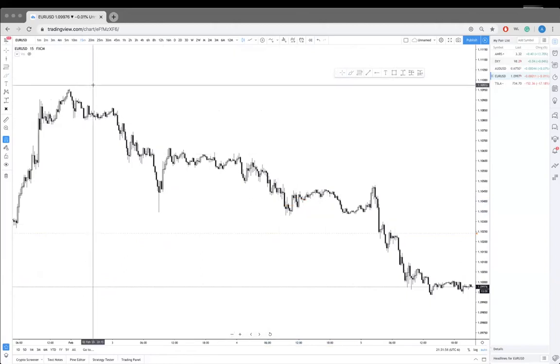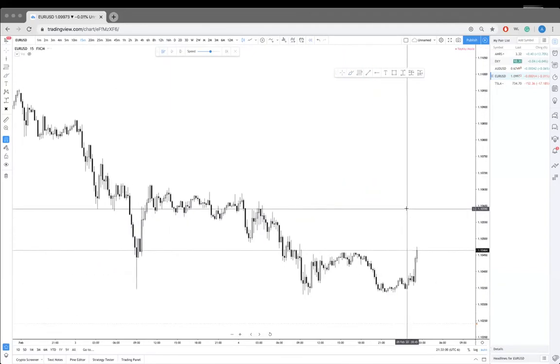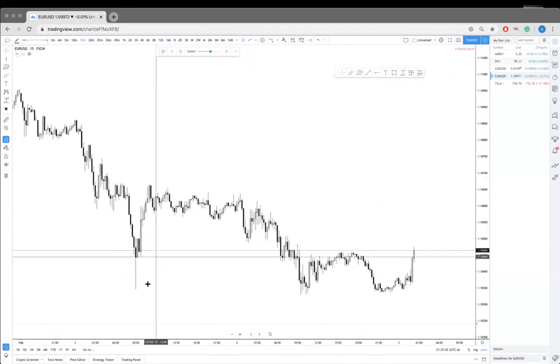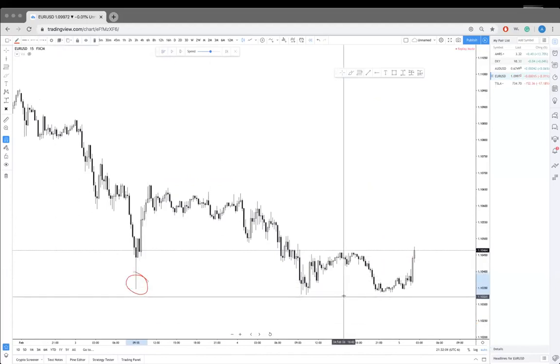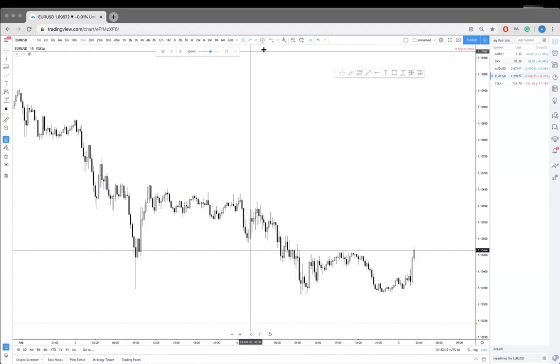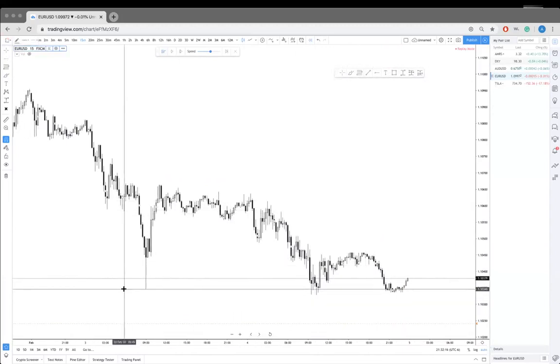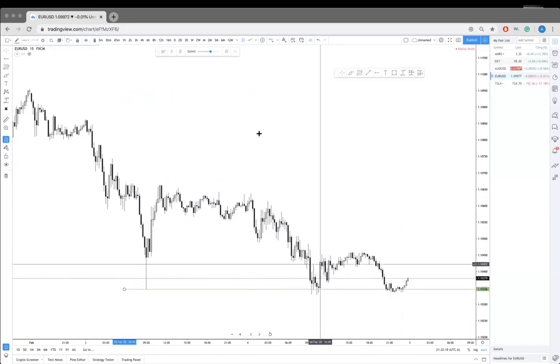All right, so now let me replay. Now I can replay, right? So this here is Monday's low. This is Monday's low, meaning there's liquidity under Monday's low.